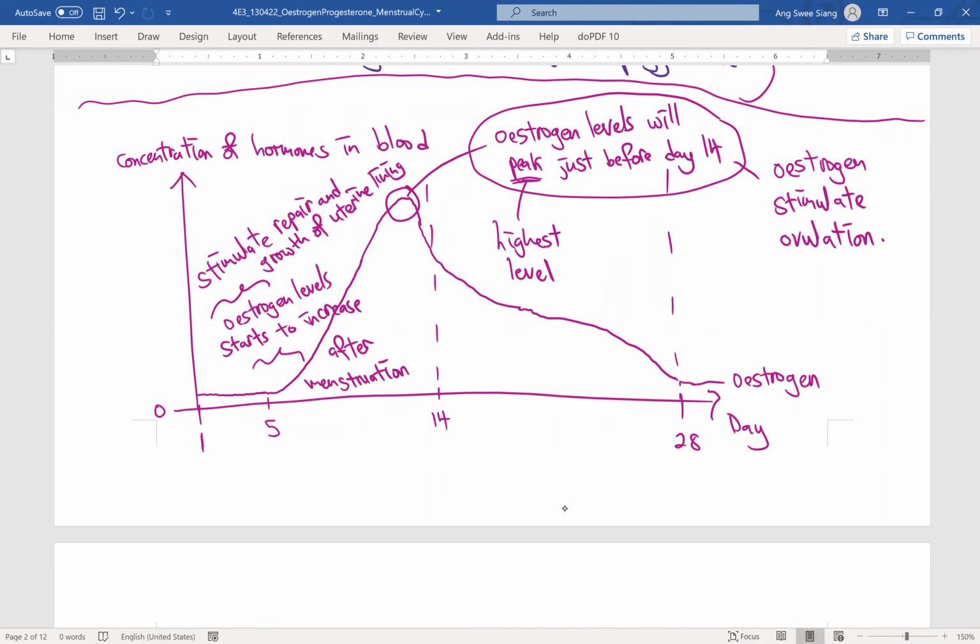It will be a gradual one. If you look at your textbook, actually this part here I'm not very particular, as long as it decreases. In your textbook, sometimes they draw a flat line or something along that line. When I mark, I look out for here and here, because it is linked to the function of the estrogen.